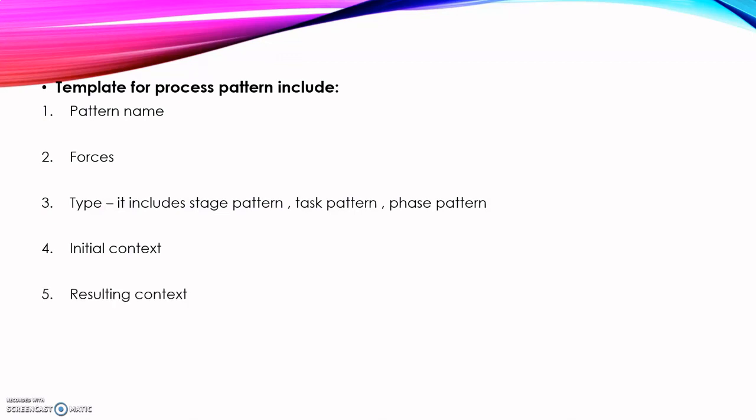Then the resulting context describes the conditions that will result once the pattern has been successfully implemented, upon completion of the pattern. Then we have related patterns, which provides a list of all processes that are directly related to the current pattern. This may be represented as a hierarchy or in some other diagrammatic form.